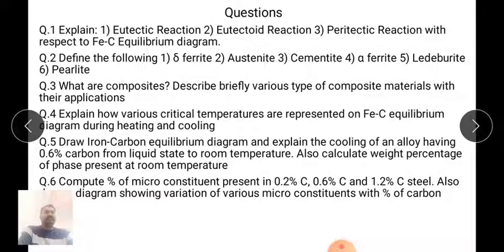Now suppose we take the example of composite materials: rubber tires. Rubber tire is an example of a composite material. Then plywood sheets are also an example of composite materials.